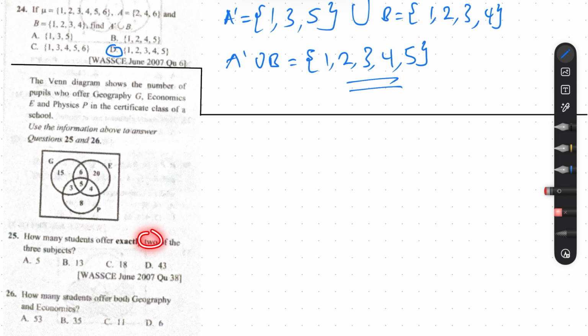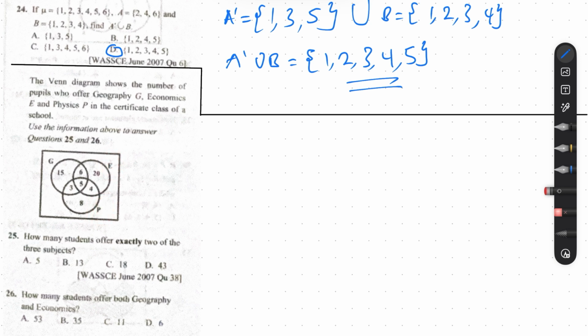What this means is the students who offer geography and economics, geography and physics, and economics and physics, but not all three.